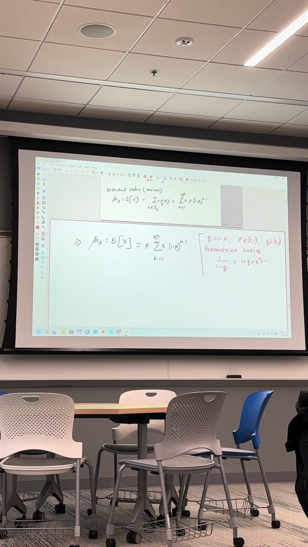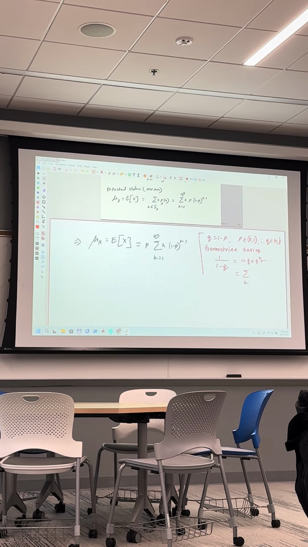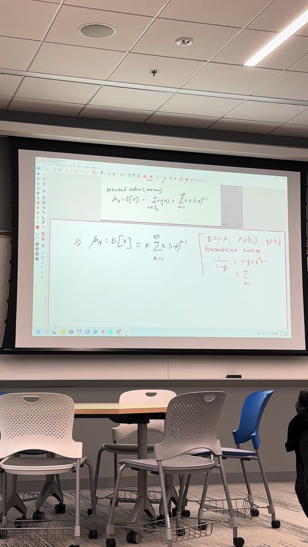Here you can write it as the summation k equals 0. Remember guys, k equals 0, not k equals 1. k equals 0 to infinity of q to the k. So this summation I can write in this form.